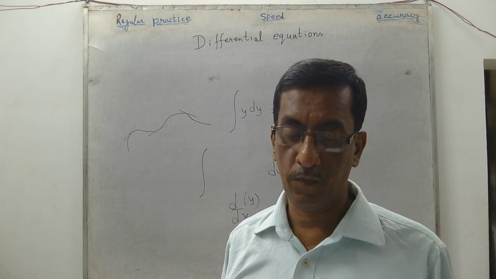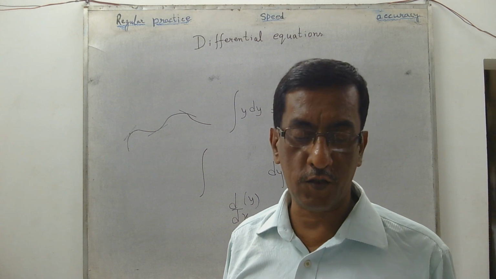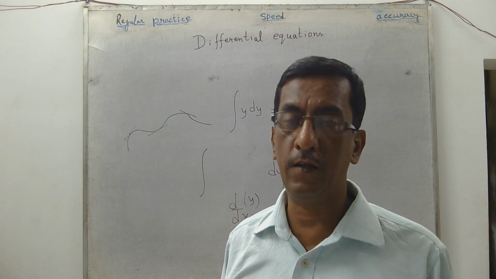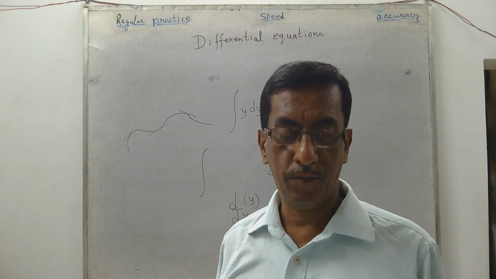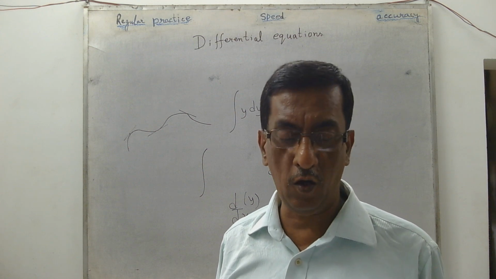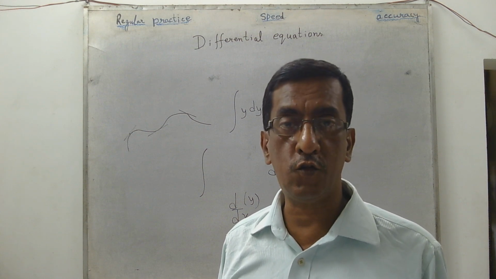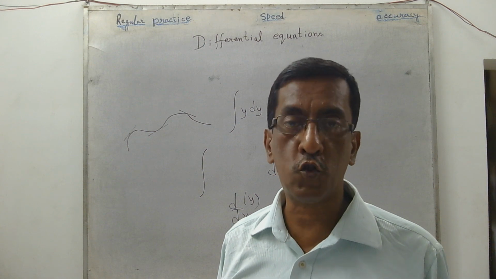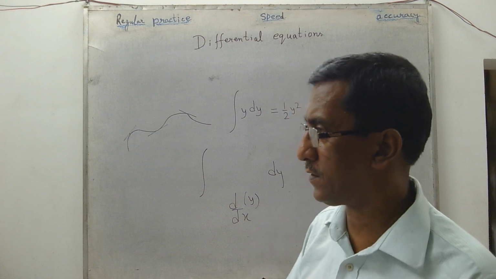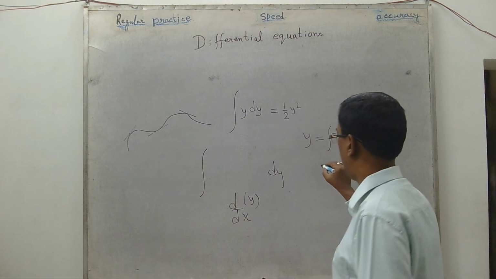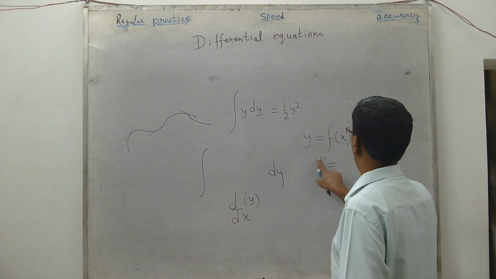In nature, physical laws arise as relationship between the variables and their differential coefficients. For example, Newton's second law of motion states that the rate of change of momentum is proportional to the force applied to the object. That means P is a force, and no, P is not force.